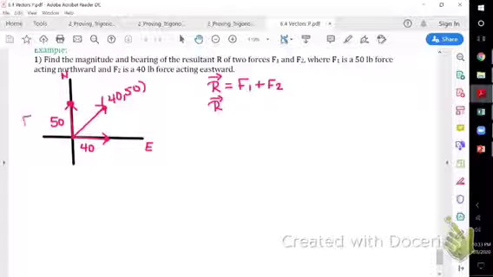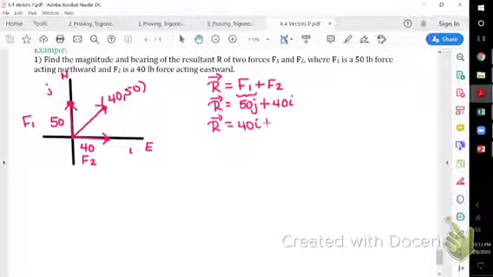Force 1 was that 50, and remember, it's on the y-axis, which is known as our J. So F1 is 50J. F2 was the 40, which is the same as our I, so F2 is 40I. We always see I written first, so let's switch this: 40I plus 50J.